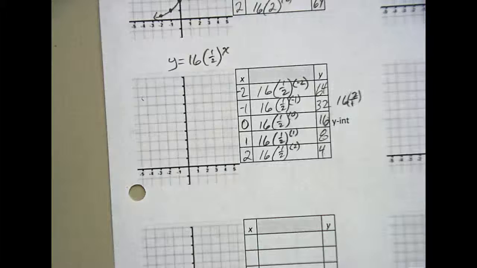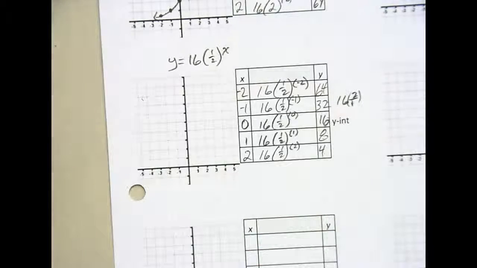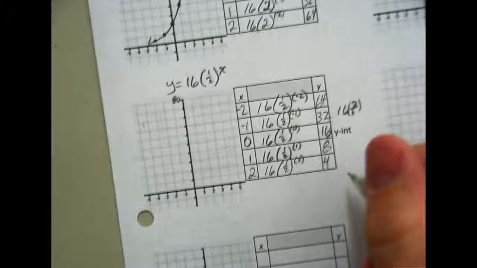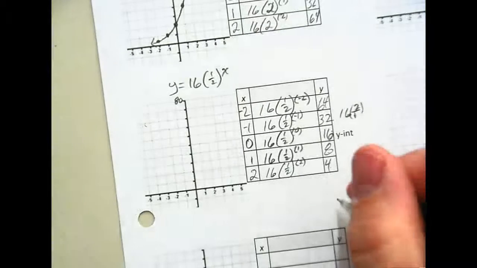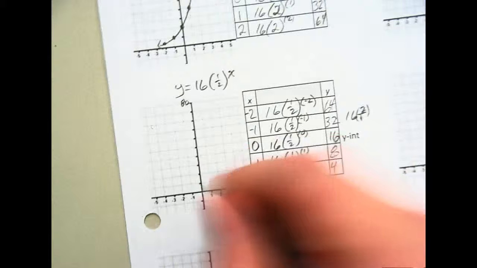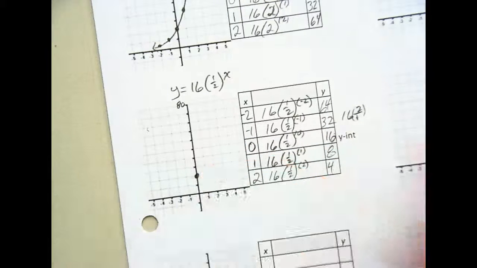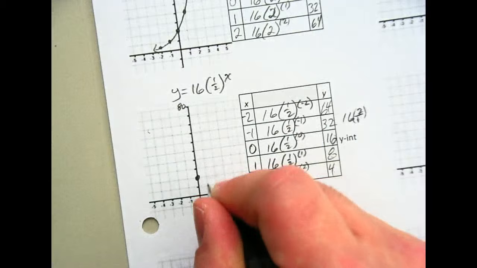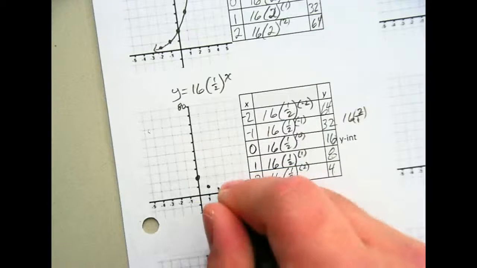So if we're graphing it, what do we want to go up by? 8. Yeah, let's go up by 8 again. Pretty much the same graph. Gonna look the same? It will. It's like flipped. You're gonna have the same 0, 16, but 1 this time is at 8. 2 is at 4.